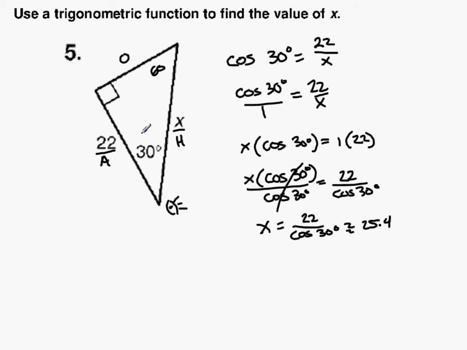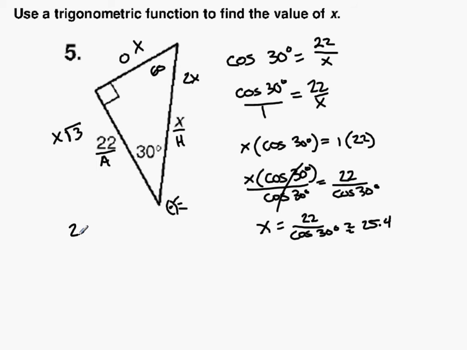Now again, to verify, if I see that this is 30 degrees, then I know this is going to be 60. And if the long side is 22, well, I know that this is x, 2x, x square root of 3 is the relationship between these three sides.